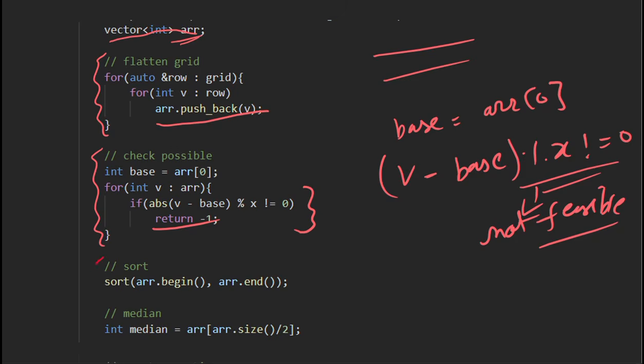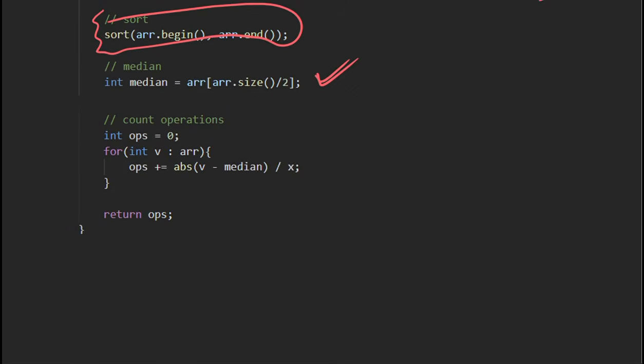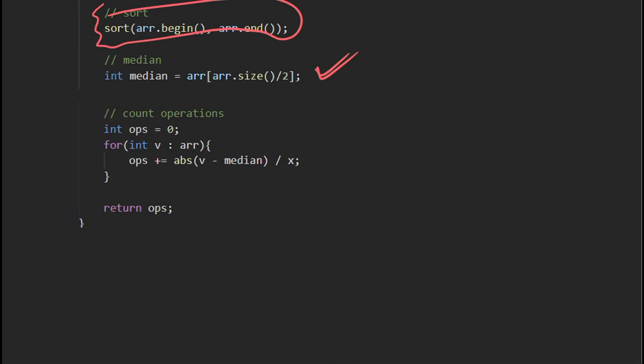Then we sort the array and find the median value of the array. After finding the median value, we have to convert all the numbers to the median value. So now we compute the total number of operations.